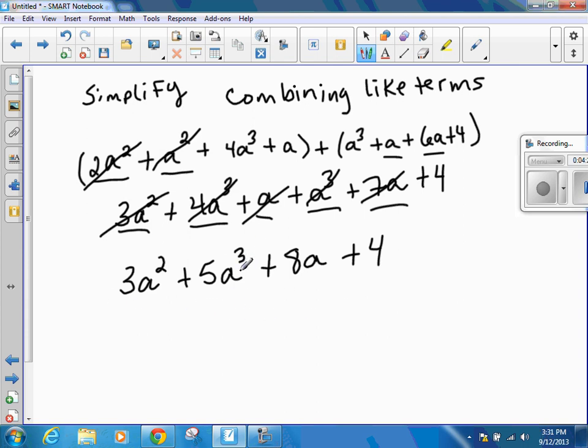So our highest order of exponents is this 5a to the power of 3. Okay, the next one is 2, so it's that 3a squared. And then the next one is 8a, and then that 4. So I have 3, 2, 1. Does that make sense? I hope.